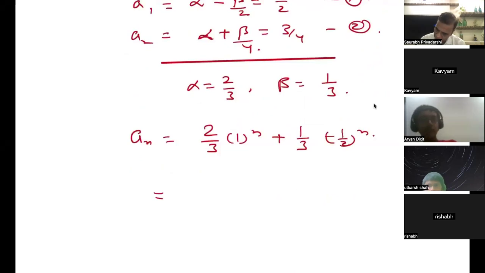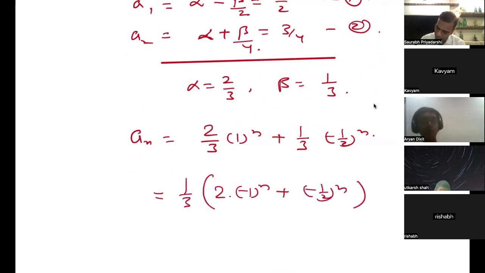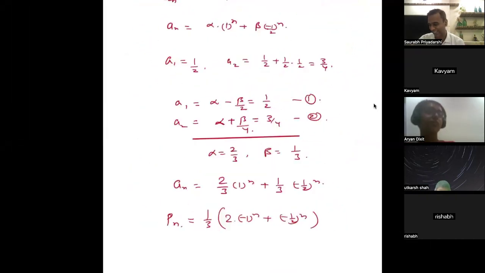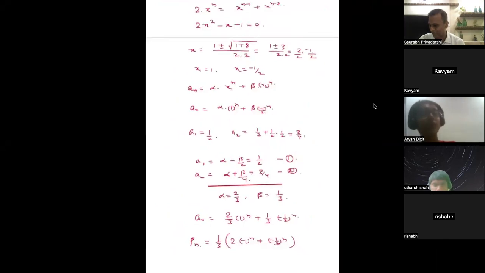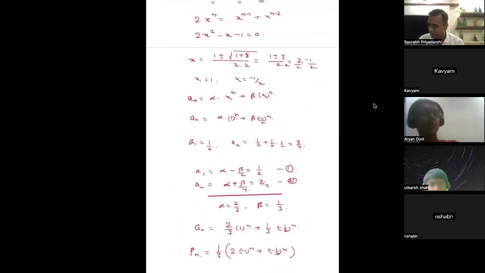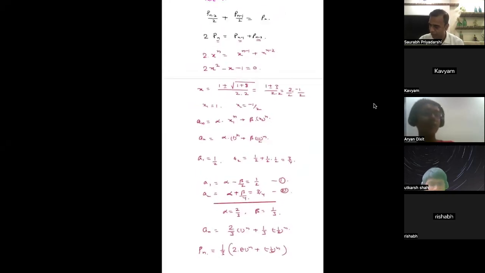Or I can write this as 2 into 1 to the power n plus minus 1 by 2 to the power n, whole thing divided by 3. This is Pn, the probability of n. It is 1 to the power n, so we can just write it as 2 plus minus half to the power n, divided by 3.